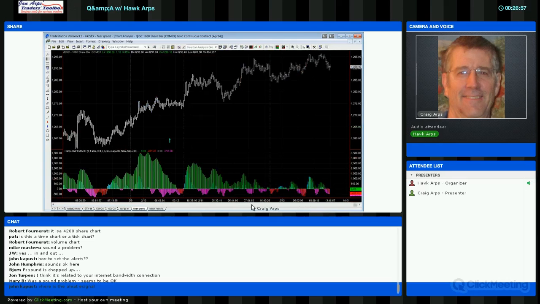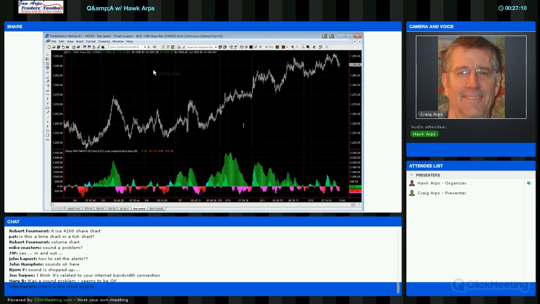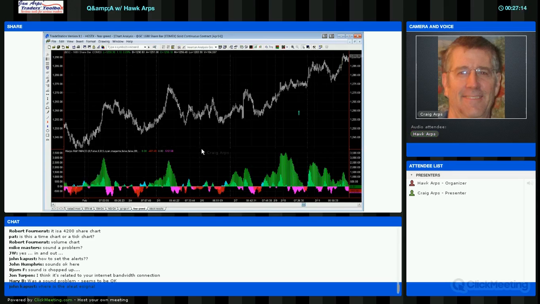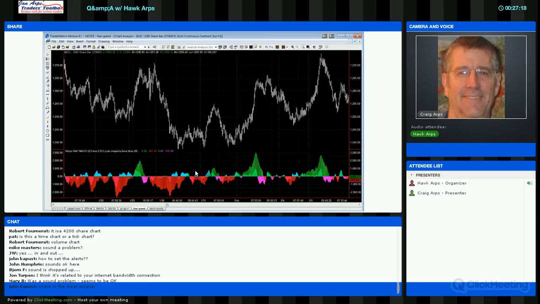Again, I would be looking for an opportunity to sell short here sometime soon. You can see this market came down. The sellers got a lot stronger here when this little pullback came out. And then when it tests bottom, you can see how weak the sellers were right here.